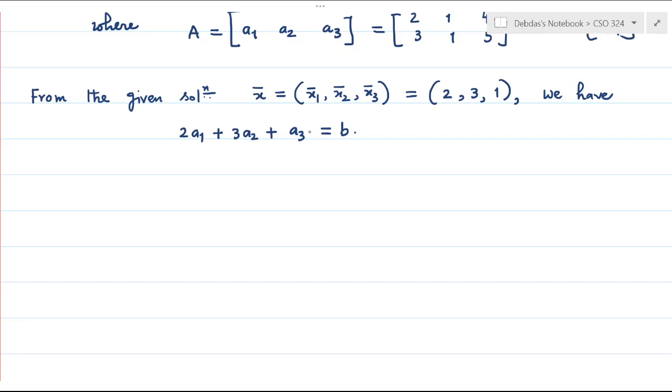But here you notice that the vectors a1, a2, a3 are two-dimensional vectors. They are from R2, and therefore a set of linearly independent vectors from R2 cannot have more than two elements. So obviously a1, a2, a3 is linearly dependent.